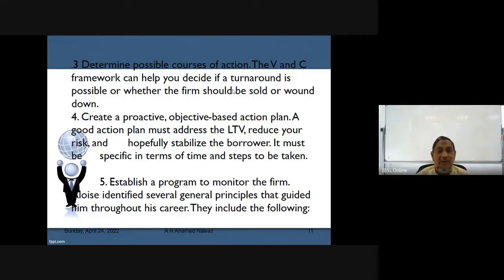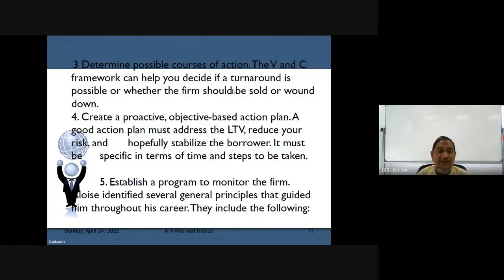So our proactive action plan must be specific: specific time, and what steps are to be taken during that time. Fifth, establish a program to monitor the firm. Whatever action we take, we do the monitoring. That is very important.